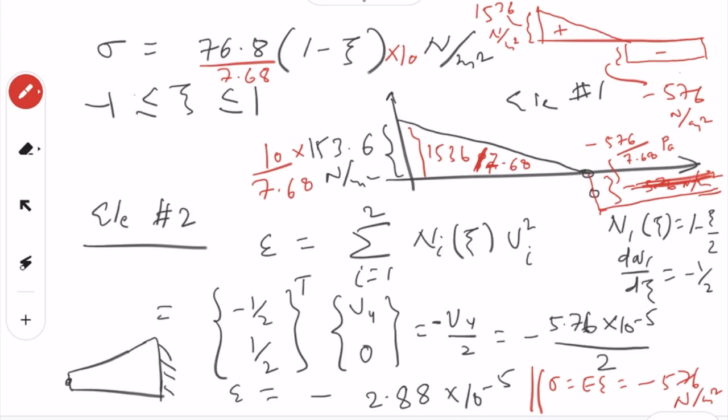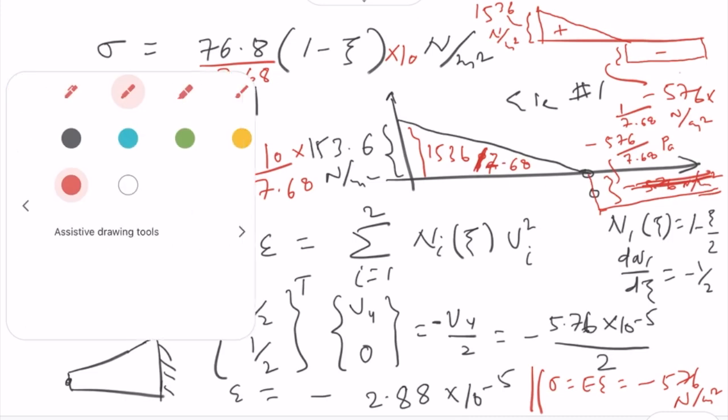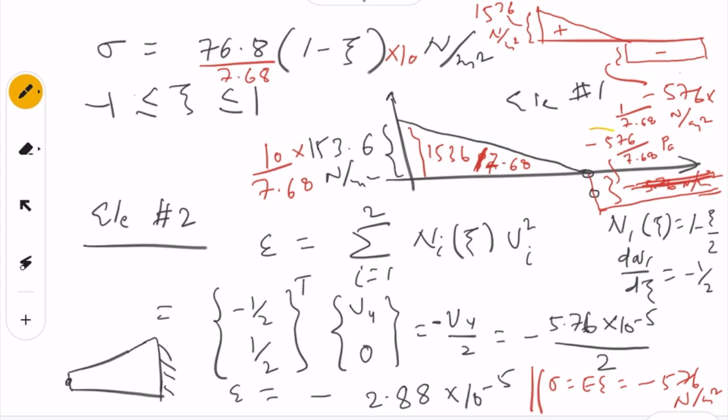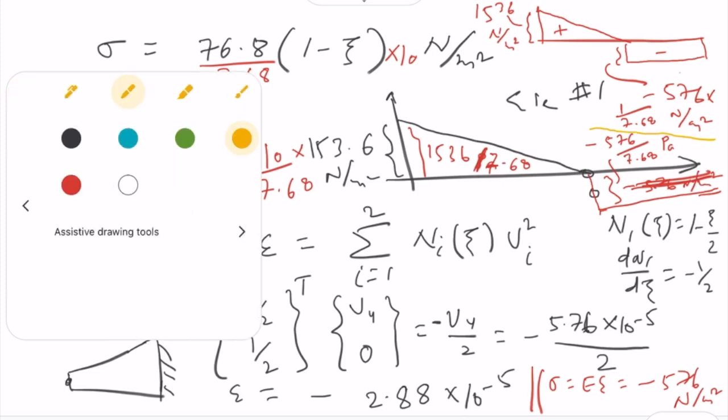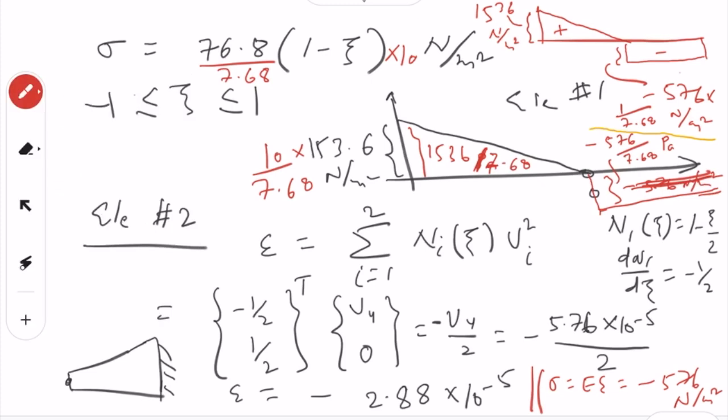Here 7.68 multiplied by 1 over 7.68 will be, okay. So we will get the actual values.